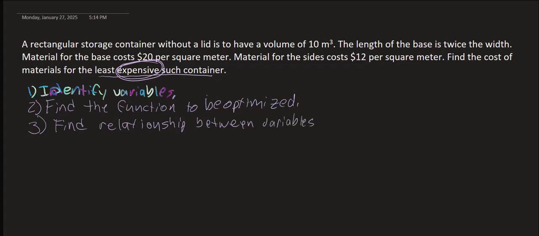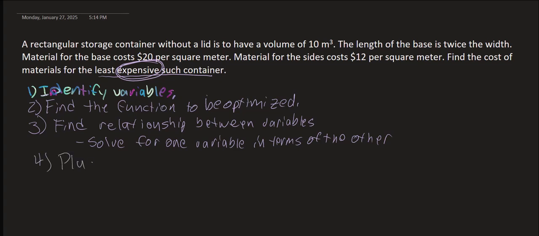And when you do that, you're going to solve for one variable in terms of the other. Once you have solved for one variable in terms of the other, you're going to plug that variable into the function you're trying to maximize or minimize.